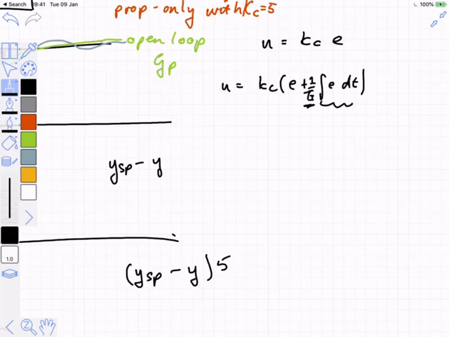And one way of thinking about tau I, the reset time, is that it's the amount of time, given a persistent error of one, that causes the proportional action contribution to be equal to the integral action contribution. And so, because we've got tau I equals 10, that's kind of 10 repeats.